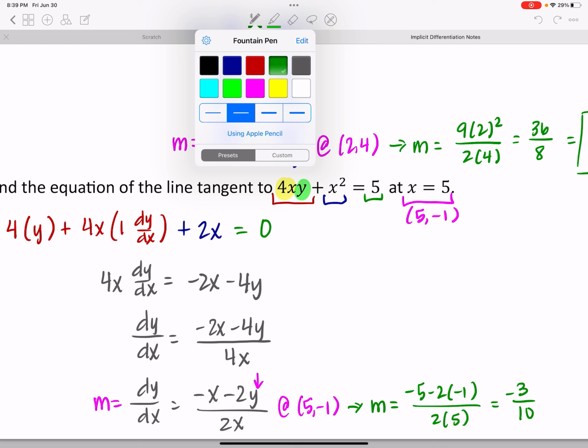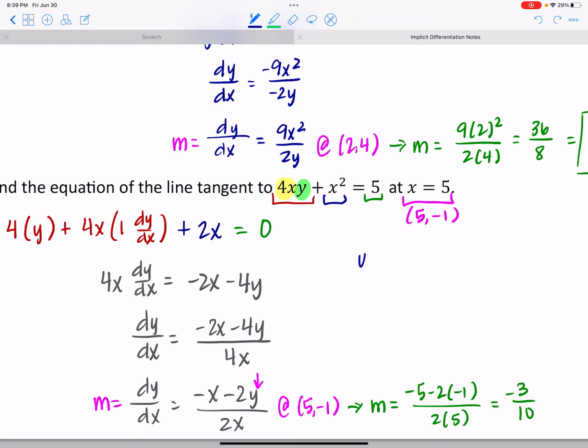And I'm running out of colors here, so let's go. Remember, it's y minus y1, so y plus 1 equal to m, which is negative 3/10, times x minus x1, and then we can simplify. So y plus 1 equals negative 3/10 x plus 15/10, which would be 3/2.